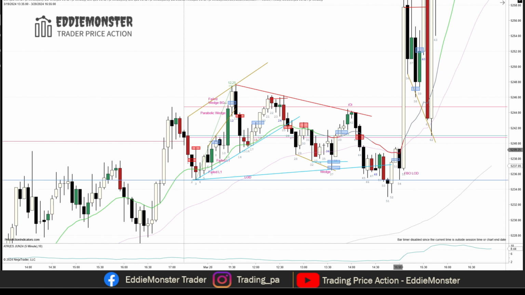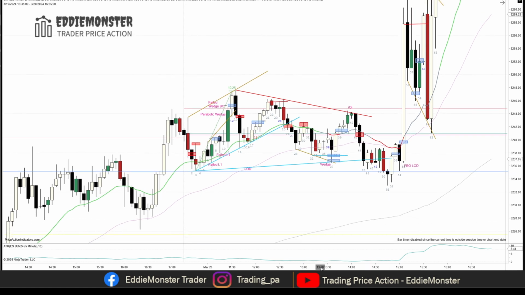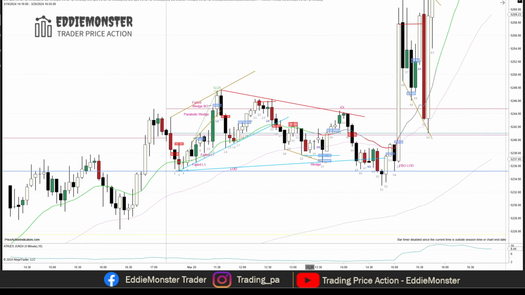Even 53 after 54, you can even buy during the formation of this 55. But this is really scary. And I saw the formation of the bars go up and then go down, and then going up slowly. So it was kind of a tricky bar.